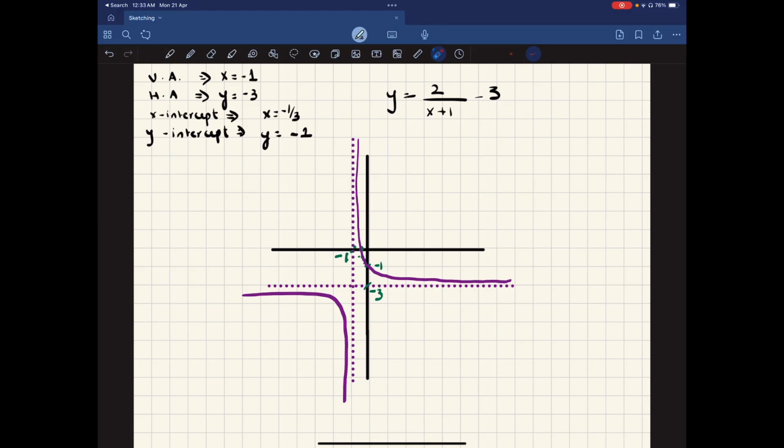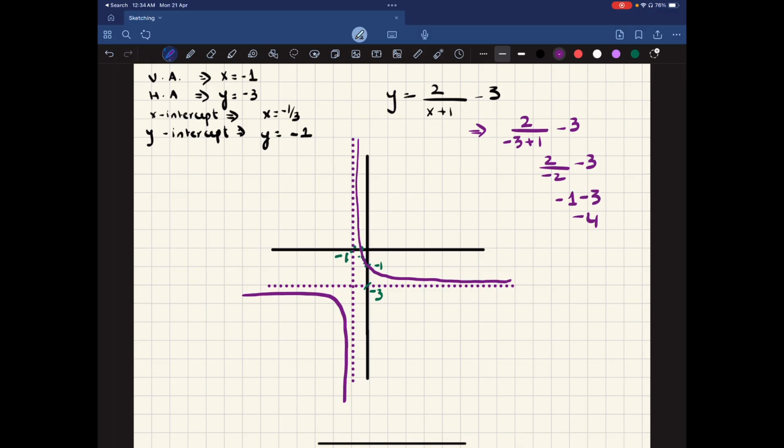Okay, so maybe you can place negative 2 in here, or let's do negative 3. Yes, let's do negative 3. So it's 2 over negative 3 plus 1, minus 3. 2 over negative 2, minus 3, this will become negative 1, minus 3, so negative 4.